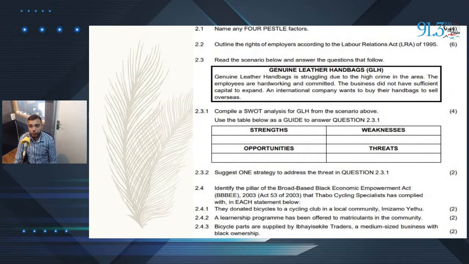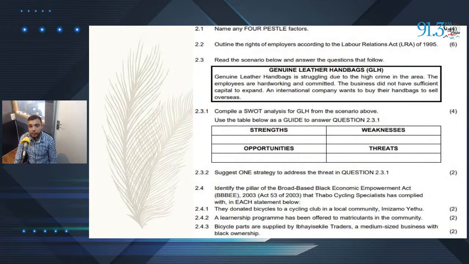What you're going to do is quote from the scenario and place it into each part of the SWOT analysis. When you quote, you have to quote a full sentence, from full stop to full stop. So our strength here is that the employees are hardworking and committed. Our weakness is that the business did not have sufficient capital to expand.